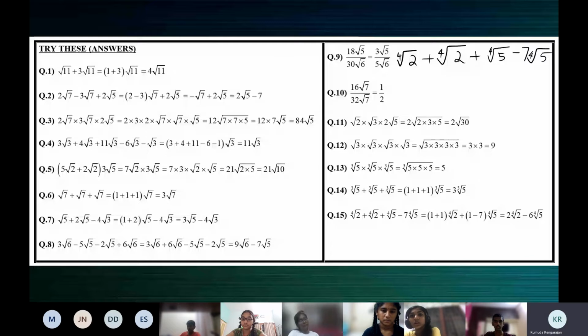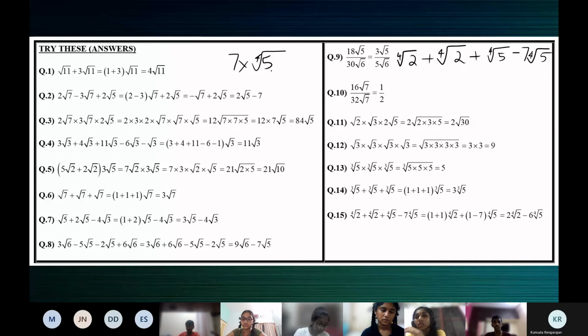So it's 7 into fourth root of 5. What is 7 fourth root of 5? We know 7 is 7, into whatever is the value of fourth root of 5. It's a product of those two.